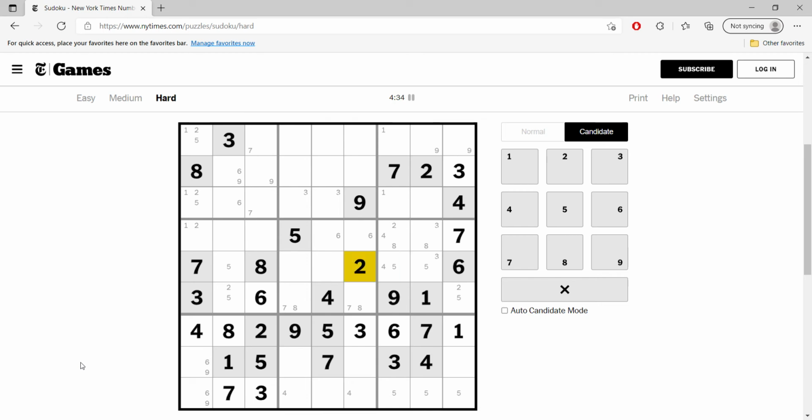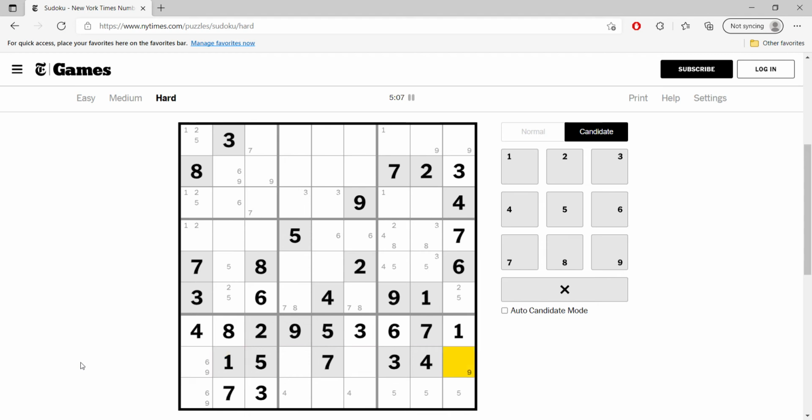Now do you know anything maybe in this row? So 2 can only be here, here. 6 in this row can only be here or here. 8, just don't know, 8 is everywhere. 9, of course, is only in 2 cells in this row.